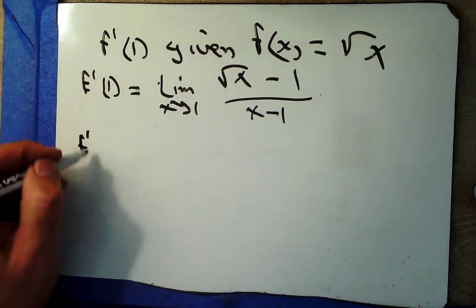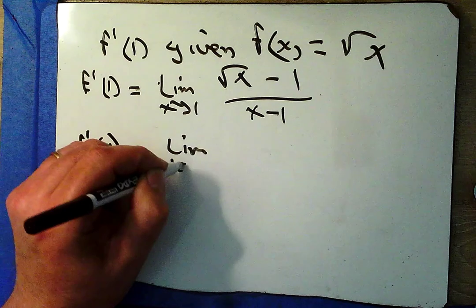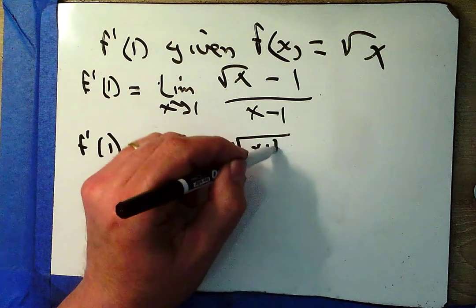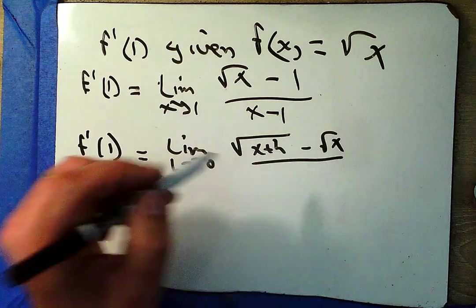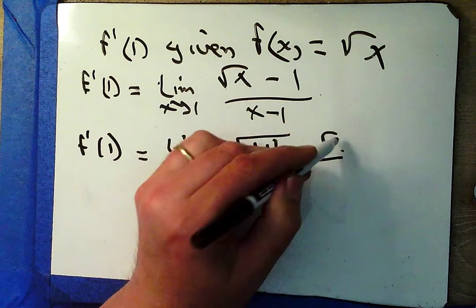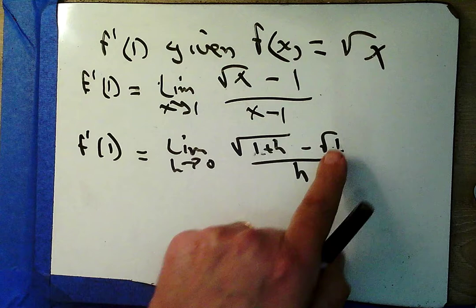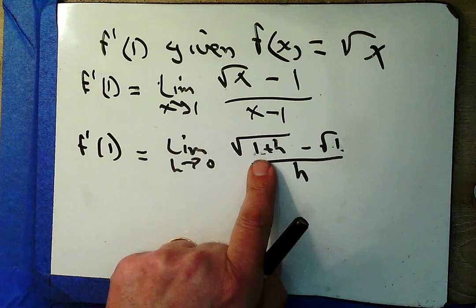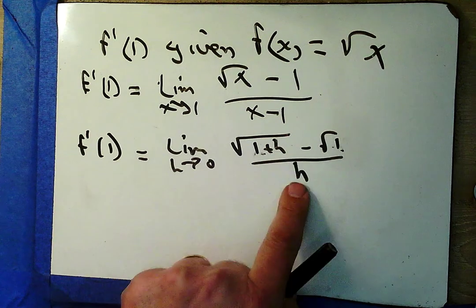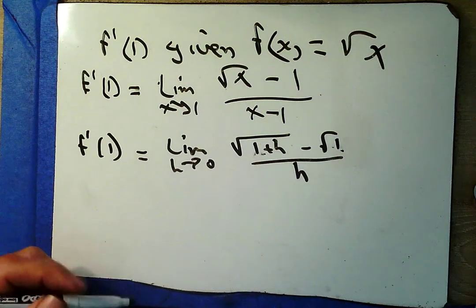So I find f prime of 1 by doing the limit as h heads to 0 of square root of x plus h minus square root of x, this is 1, over h. Well, I know that's 1, but I don't know what to do with that. And I know if I plug in h equals 0, I get square root of 1 minus square root of 1, which is 0 over 0, and I'm kind of screwed.